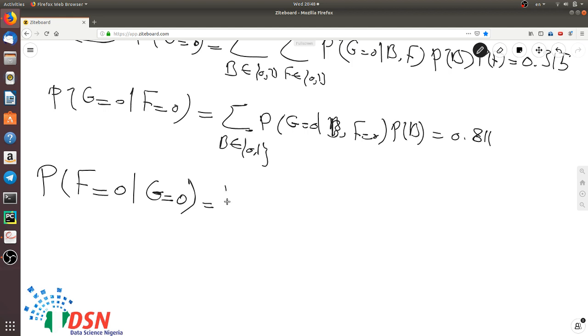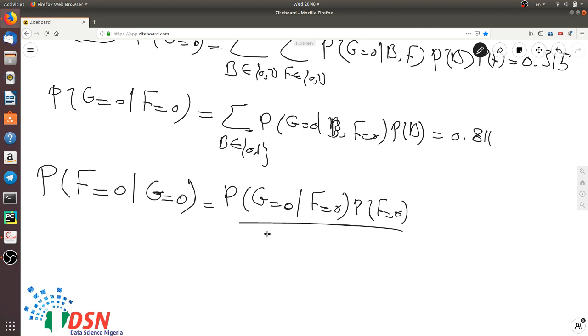If we calculate that, we could use the Bayesian theorem. If you just do the substitution, you will end up with approximately 25%.